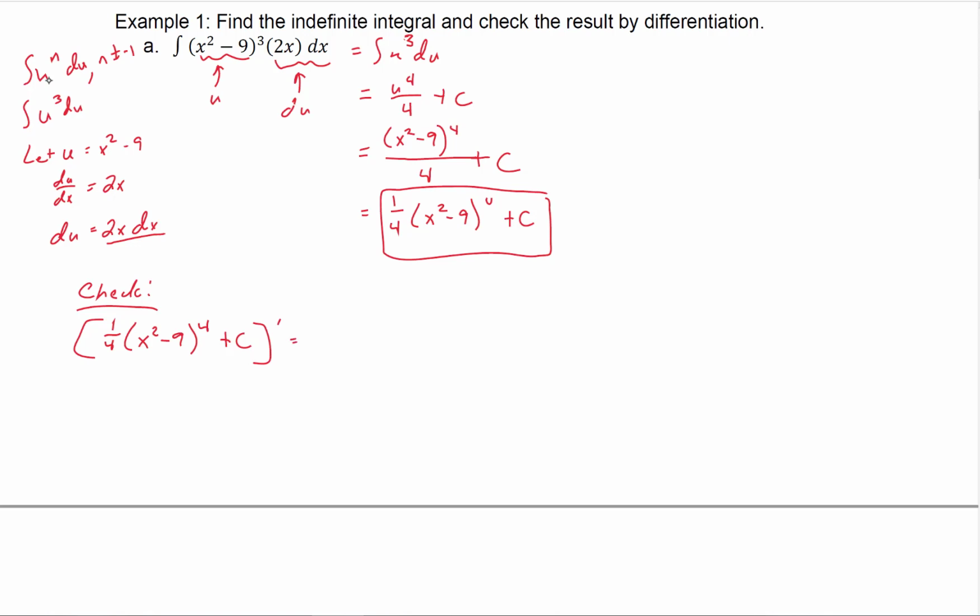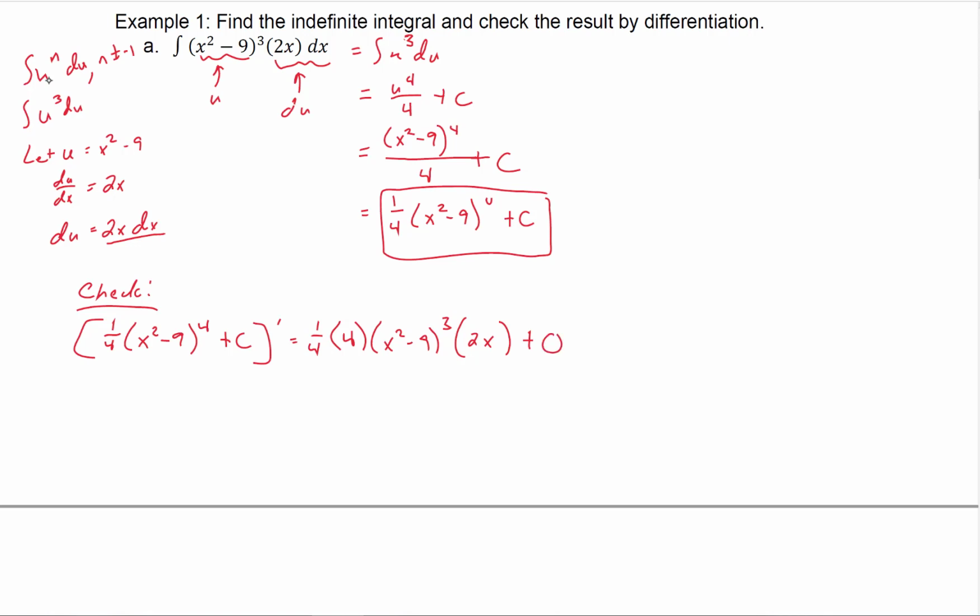That is 1/4 times 4, so bring the power down. The stuff inside stays the same, x squared minus 9, subtract 1 from the power, so to the third power, times the derivative of the inside, so times 2x. Plus the derivative of c is 0, because c is a constant.